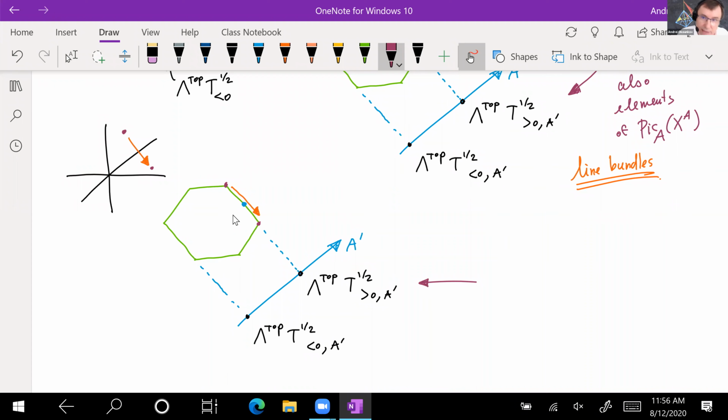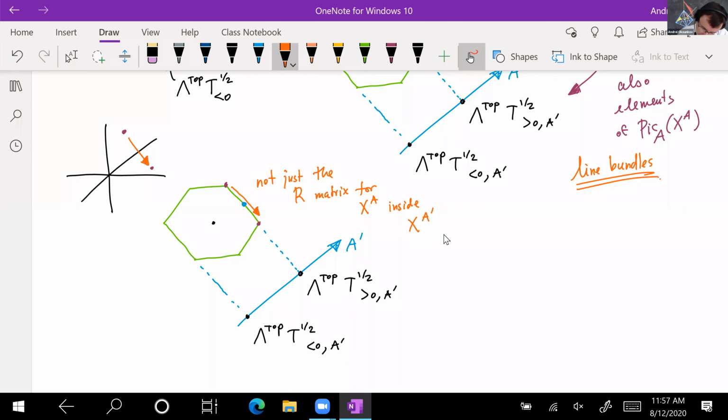So this R matrix is not, in other words, this space has some kind of origin, and this transformation is not just the R matrix for the fixed locus A inside the fixed locus A prime.